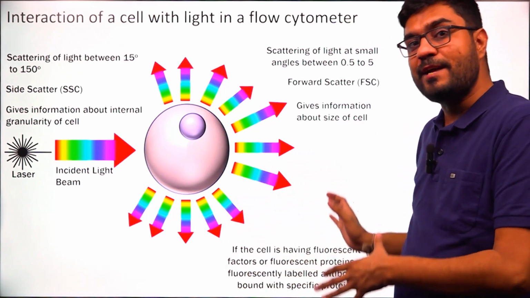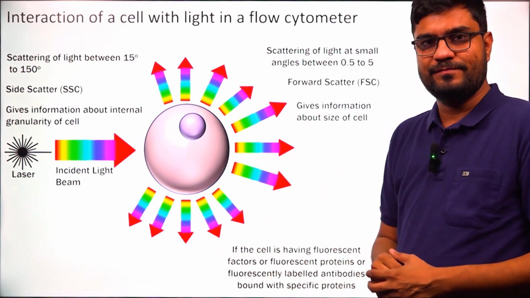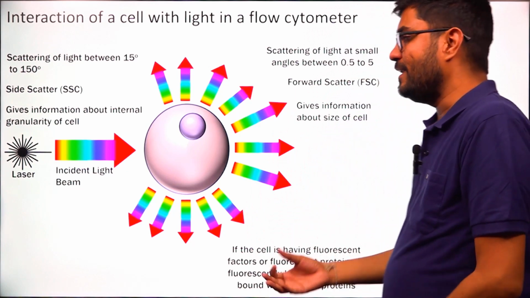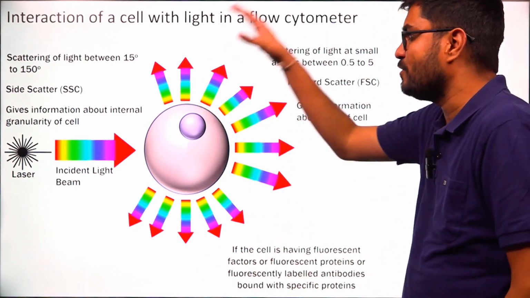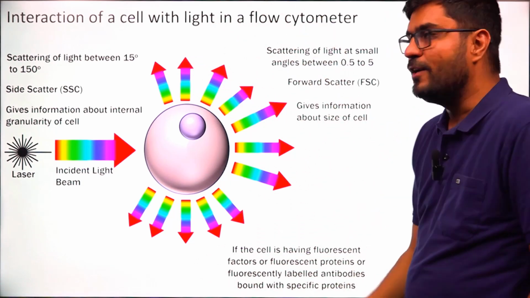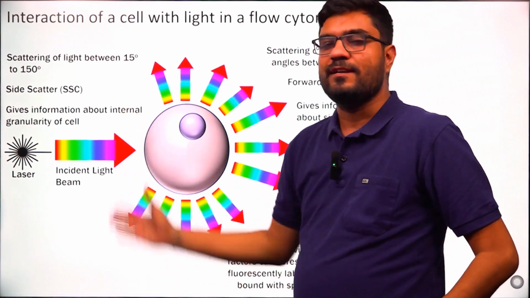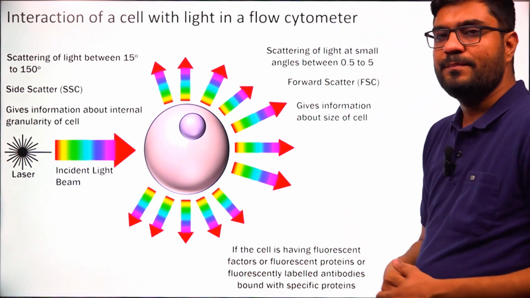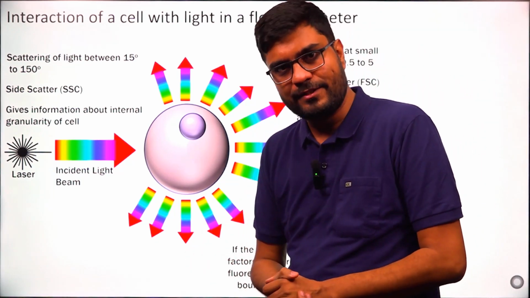So all these types of fluorescent molecules can absorb the light at a particular wavelength, and then emission of light will happen, and then ultimately we will get the detection, or we will get the information. So three types of information: first, forward scatter for size, side scatter for granularity, and finally the presence or absence of a fluorescent molecule, right?